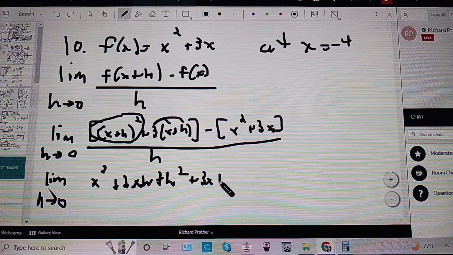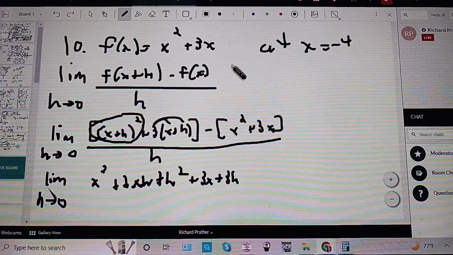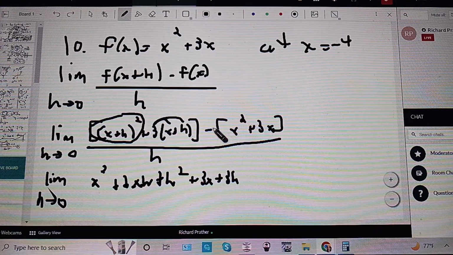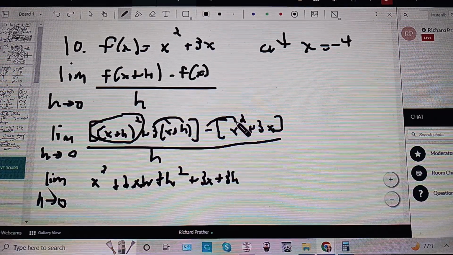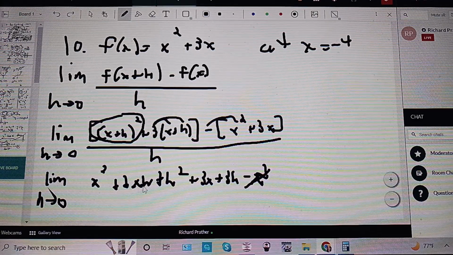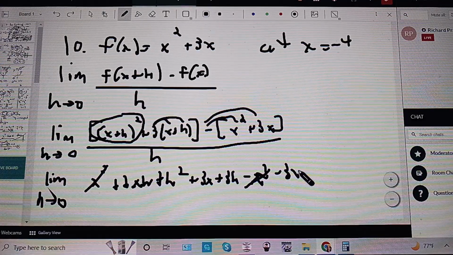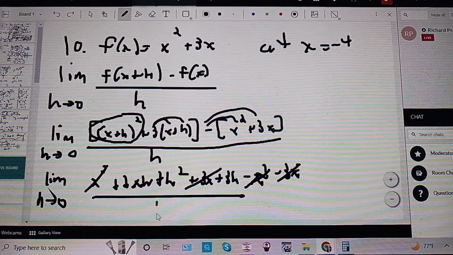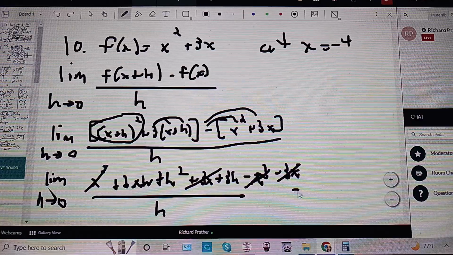There's only 5 terms here instead of 6 because there's no like plus or minus anything at the end here. And there's only 2 terms here. So when I put the negative on these 2 terms and switch them to their opposites, these 2 should have counterparts that cancel with them. All over h. All the remaining terms have an h in them, so I can factor an h out.